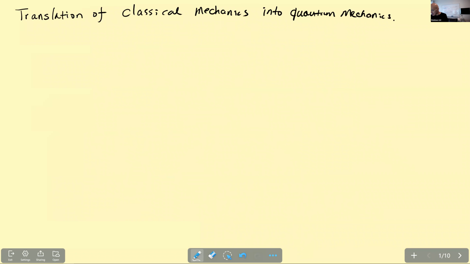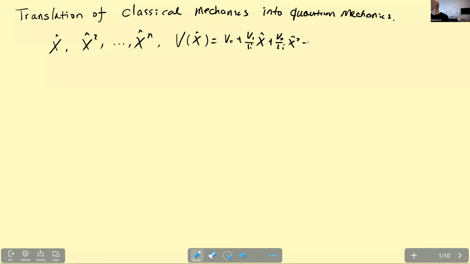Okay, so last time we studied a few quite general properties of operators. I said that if we have an operator x, then you can also have x squared, or x to any power. You can even have a function of x that can be written as v0 plus v1 over 1 factorial x plus v2 over 2 factorial x squared, and so on and so forth.